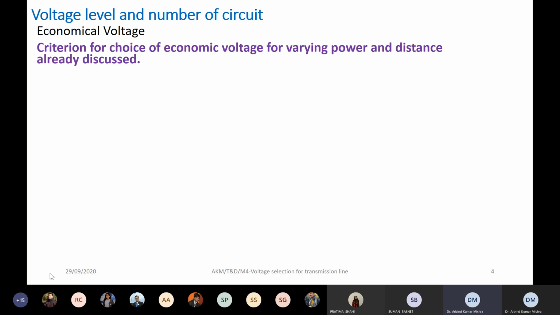So our new topic for today's class is to select the voltage level and number of circuits for a transmission line. We have already discussed a little bit the criteria for the choice of economic voltage when the power and distance vary.